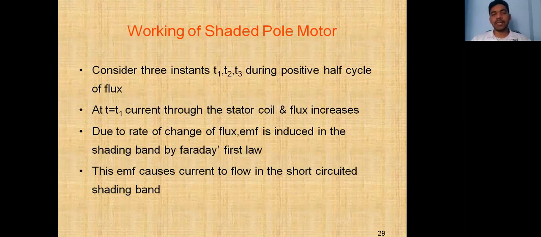At T1, current through the stator coil and flux increases. Due to the rate of change of flux, EMF is induced in the shading band by Faraday's first law. This EMF causes current to flow in the short-circuited shading band.